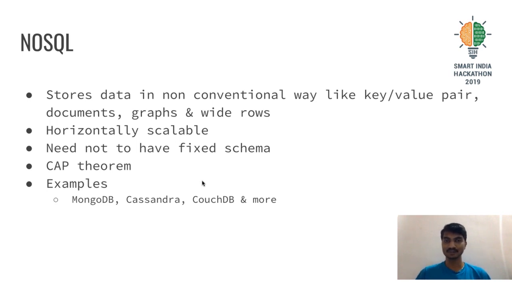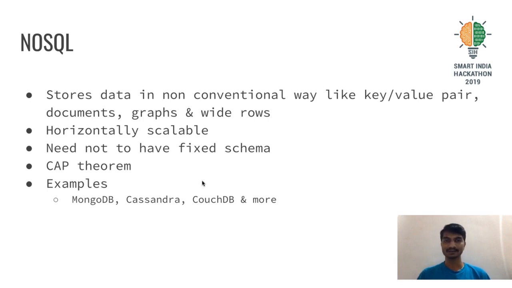We can still store data in tabular form, like whatever we are storing in RDBMS, but it can save more than that. Something like a key-value pair, where I save a key against a value, and I can store documents and graph data.